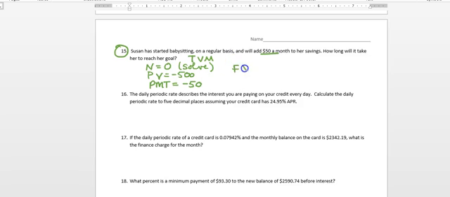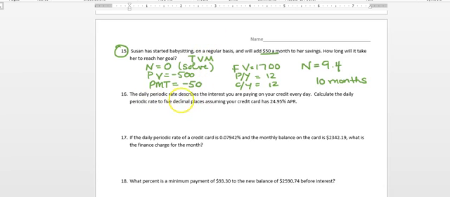You want your future value to be $1,700, and your payments per year, so both these values are the same, are going to be 12. When you do that and solve for n, you get that n is equal to 9.4. So that's approximately 10 months if she puts it. So she does reach her goal a little bit quicker in that case.